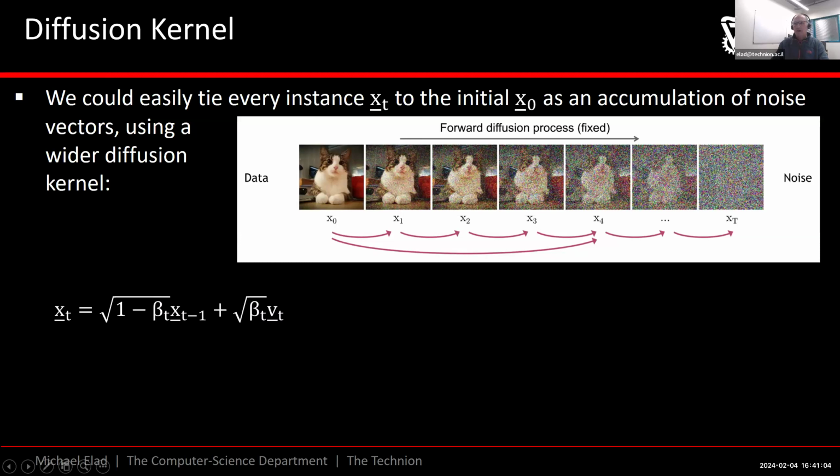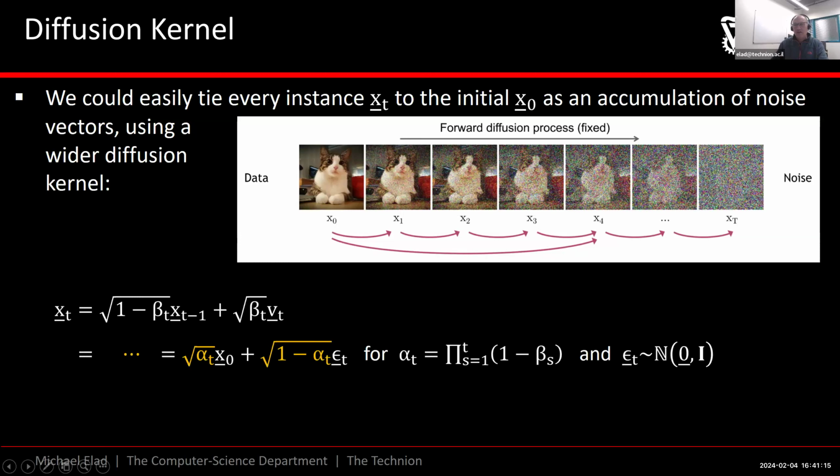How? Well, x_t itself is created from x_{t-1} using this formula that we have just defined. As it so happens, and we are about to prove it, x_t itself can be written differently as a coefficient multiplying x0, the clean image, and another coefficient. Notice the two coefficients sum together to 1 in their squares, just like these. And with another coefficient multiplying a Gaussian vector, you are creating a mixture that will take you from x0 to x_t. Who are those alphas?